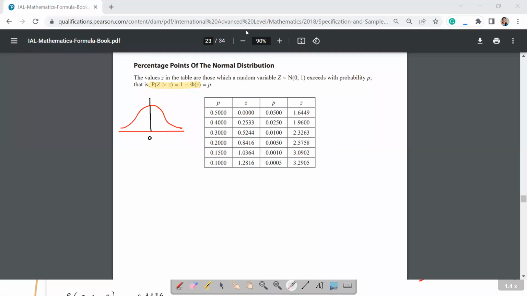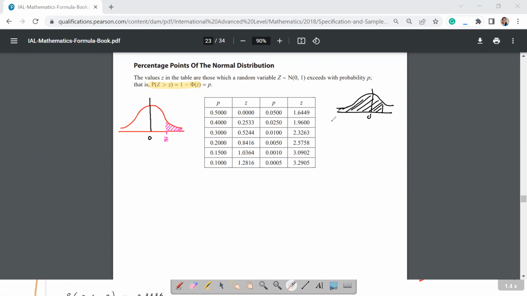So basically, if you have a Z value over here, guys, if this is your Z value and you mark this, then probability Z greater than z is the area that they have given you. Can you see? The other end of the tail. Now in the previous normal distribution, the big table, when you were working with it, they gave you the area behind this line, right?